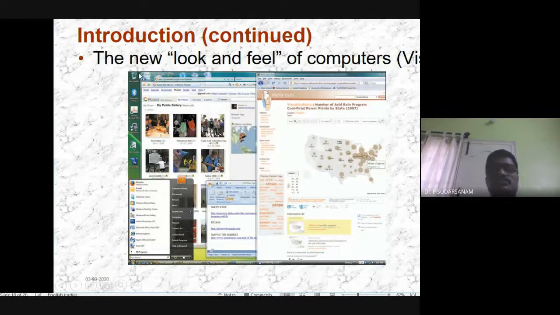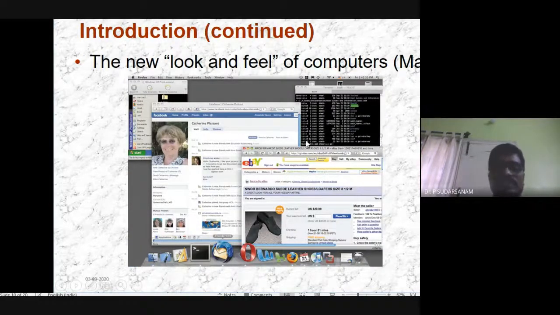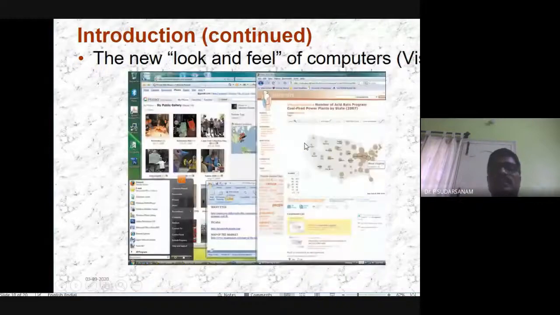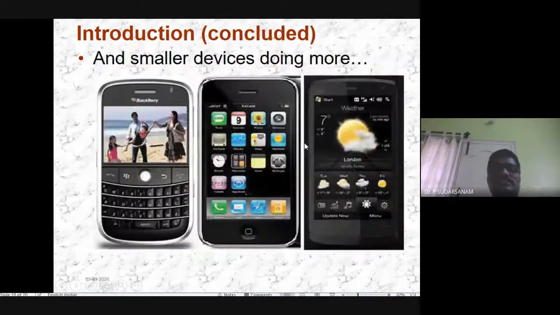So this is the new look and feel of the computers, Vista. This is one example, and this is another example for the introduction. Now this is what we really need. So the introduction is concluded.